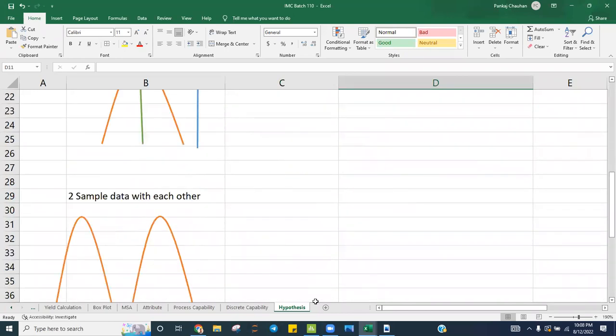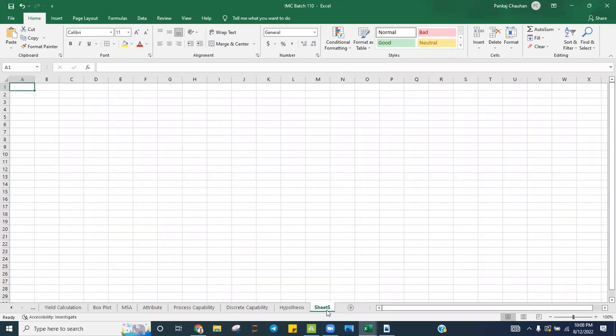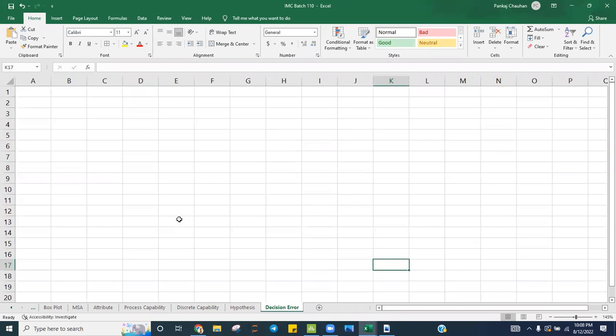No? Okay. Now let us understand the decision errors. We make a decision error, like in the last example we were discussing, where we see this is an alternate hypothesis, but we got confused and we are telling it's a null.